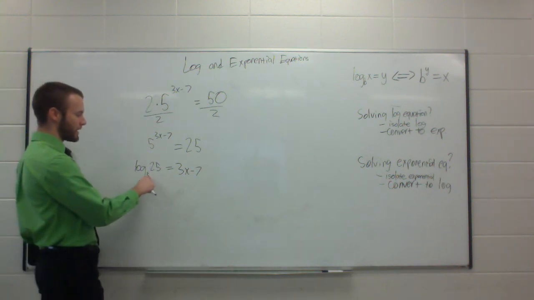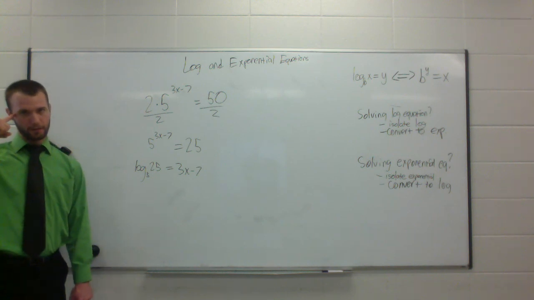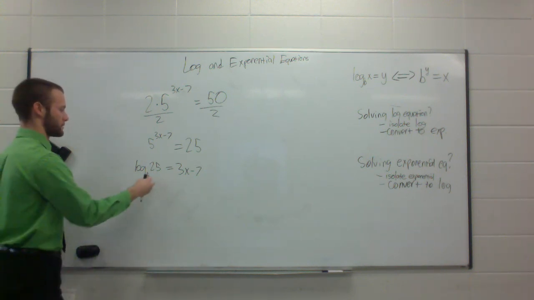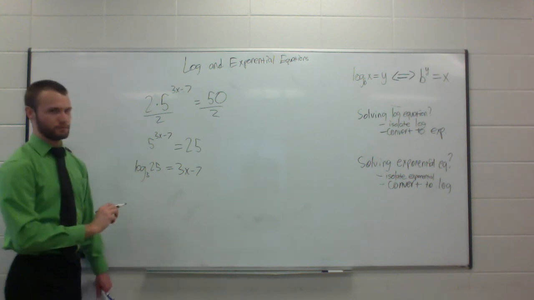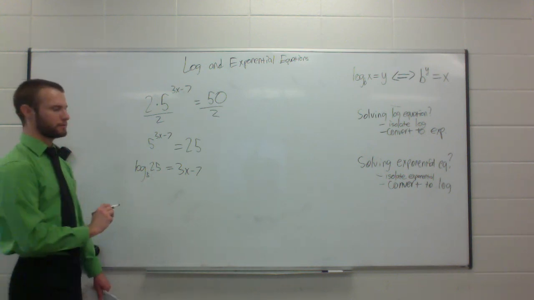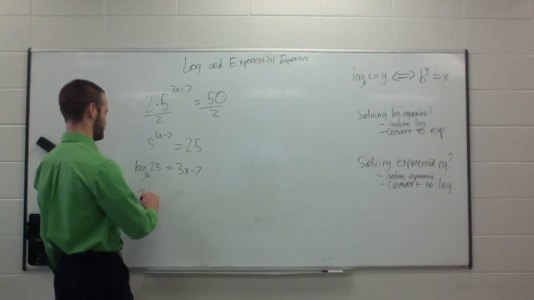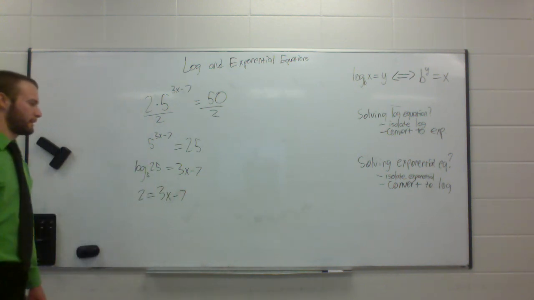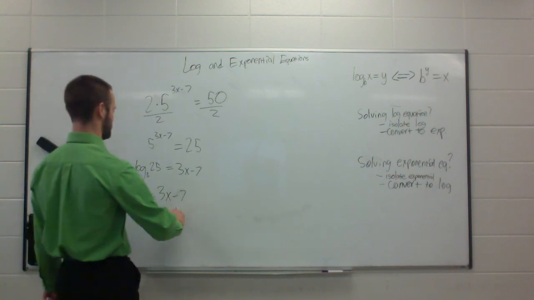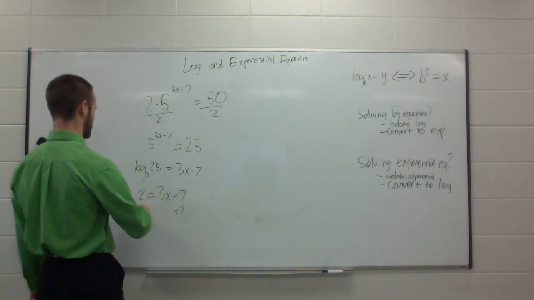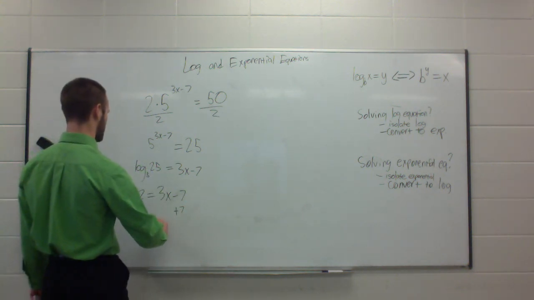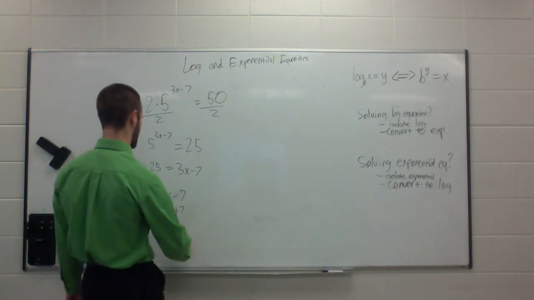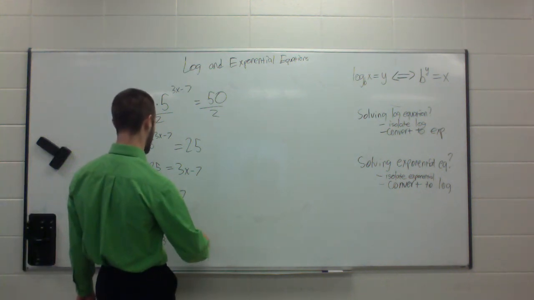Now, what's log base 5 of 25? Think 5 raised to what power equals 25? Did you say 2? I thought I heard you say 2. 2 equals 3x minus 7. Now at this point we just solve like normal. So 9 equals 3x, divide by 3, and x equals 3.